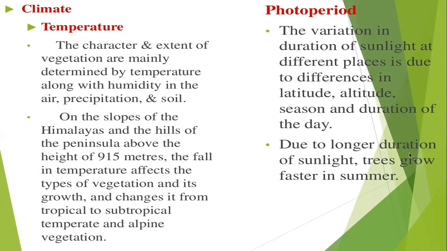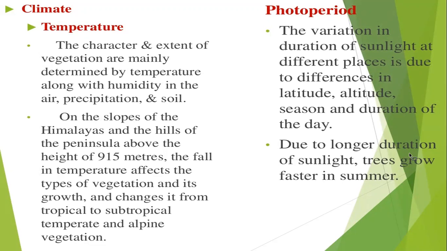Photoperiod, that is the sunlight. The variation in the duration of sunlight at different places because of the difference in altitude and latitude, the duration of the day and depending on the season, all this plays a major role in determining the duration of sunlight.